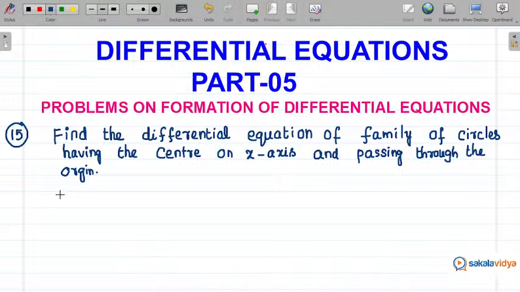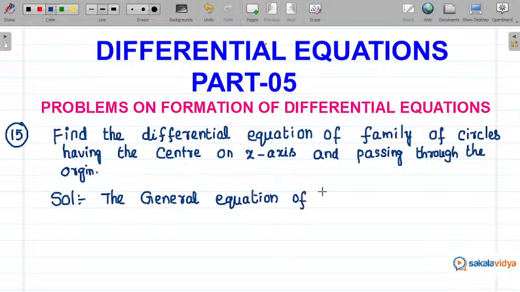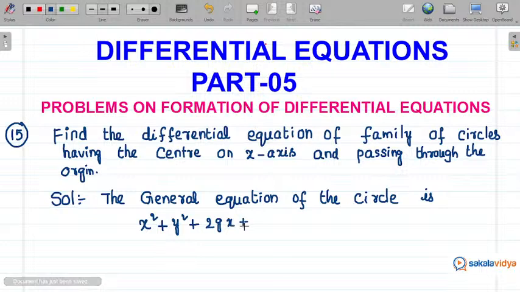First write down here the general equation of the circle is x square plus y square plus 2gx plus 2fy plus c is equal to 0. Now what is the center of this circle?